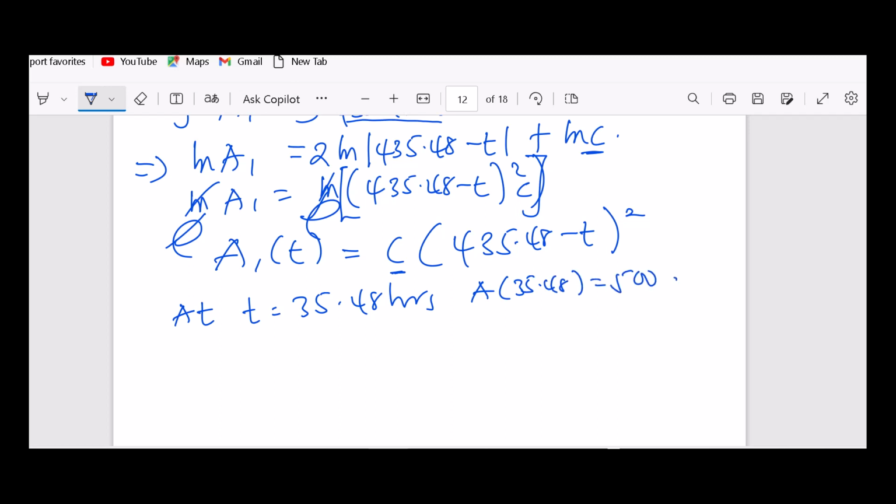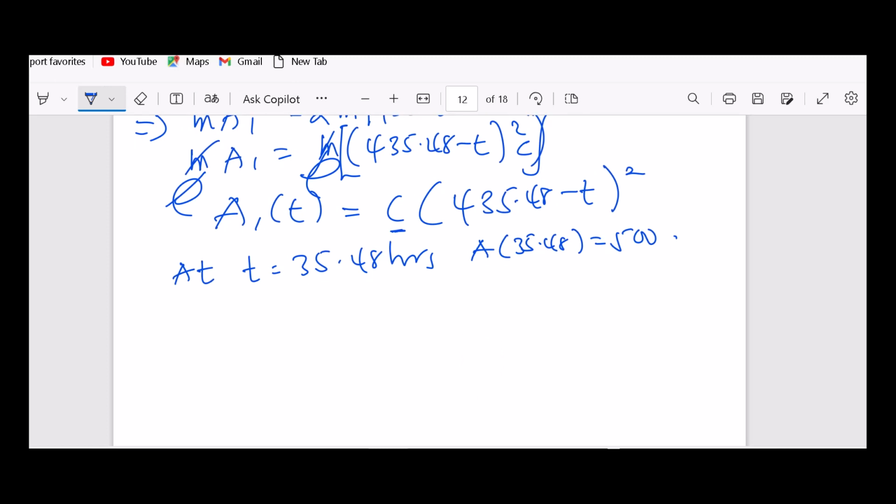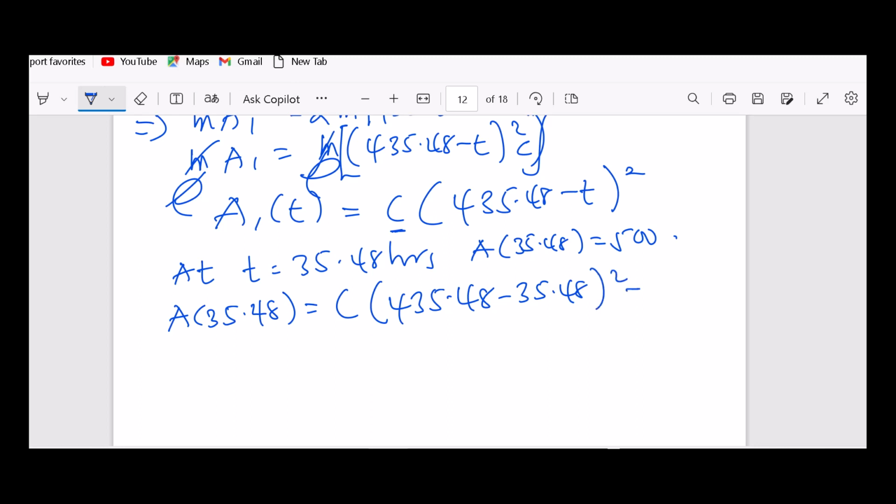So we just do that substitution, and so we will now have A of 35.48 equals C brackets 435.48 minus 35.48 all squared equals 500, like this.